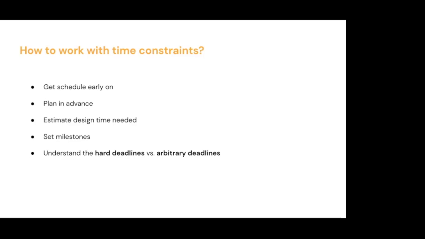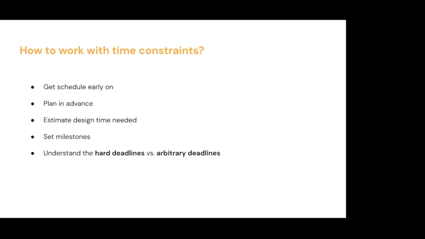Another important thing is identifying all the tasks that you need to do, and estimating the design time needed for each task. Depending on the job and the company, you might be doing research, design, wireframing and all that, or maybe your focus is in research, or in the visual design part.